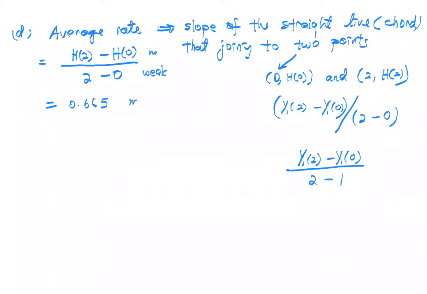So meter per week. Are you clear? So if I come out in kinematics and ask for average change of displacement, it is also the same. So the keyword is average.